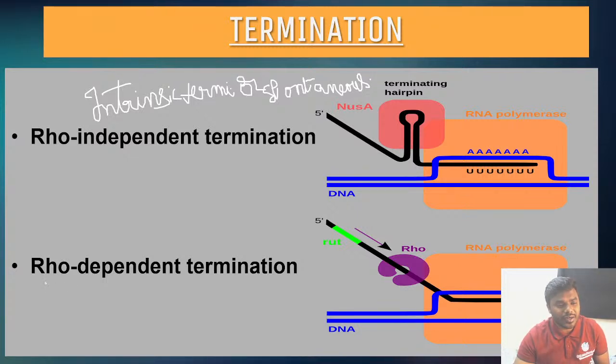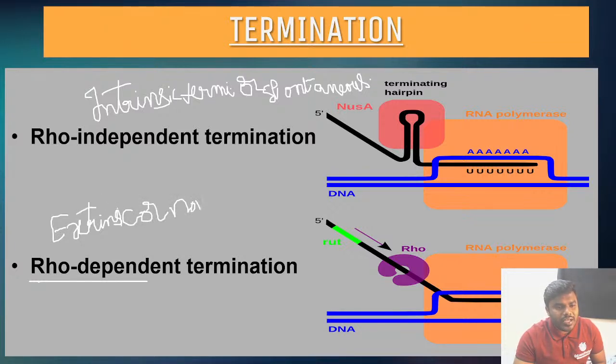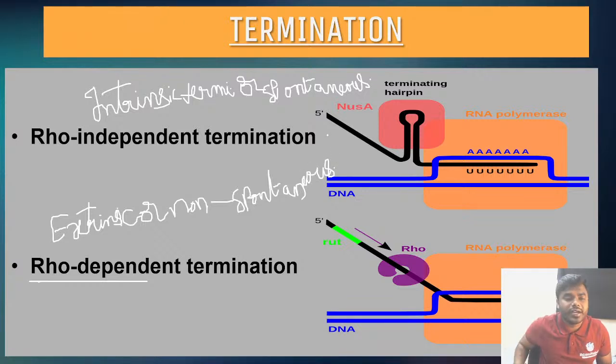That protein is the Rho protein. If termination occurs with the help of a Rho protein, we call it extrinsic termination, or non-spontaneous termination. Here non-spontaneous means the RNA never comes out on its own.